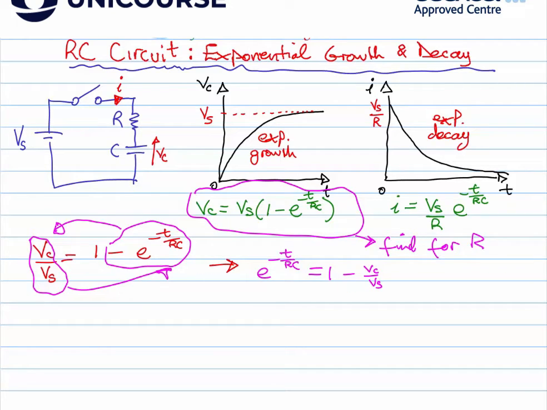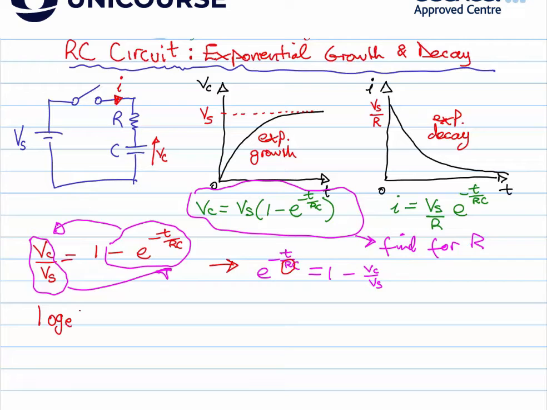Let's change colour again. What I'd now like to do is release this R term somehow, and the best way to do that is to hit both sides with a log base e. So we'll take the log base e of both sides.